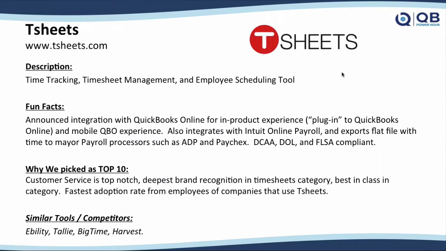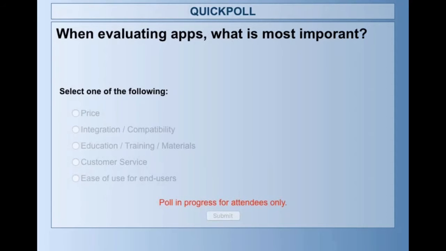Anyway, before we go to the first one, let me do the first polling question. As I mentioned, we're going to do a total of 4 polling questions, and you need to answer at least 3 to get your CPE credit. So the first polling question is, when evaluating an app or a third-party app, what is the most important?